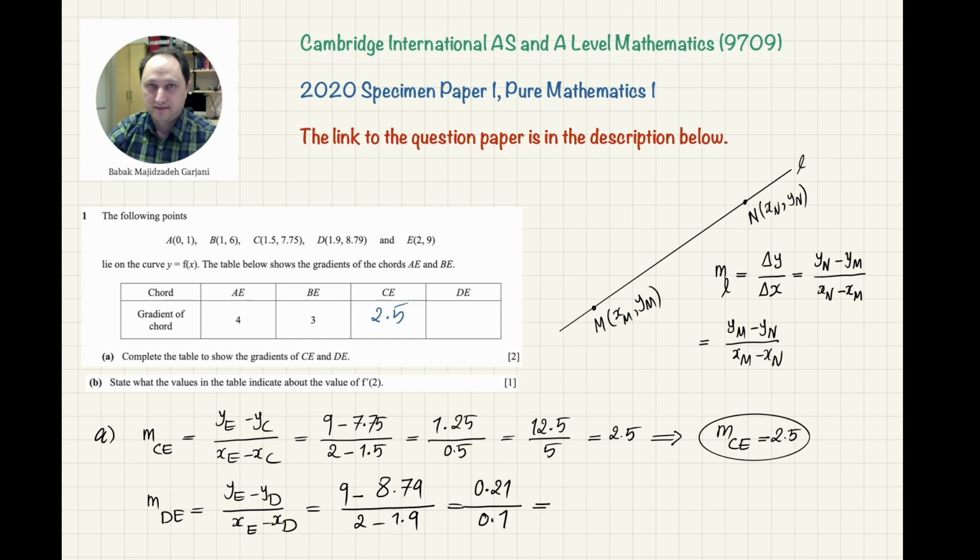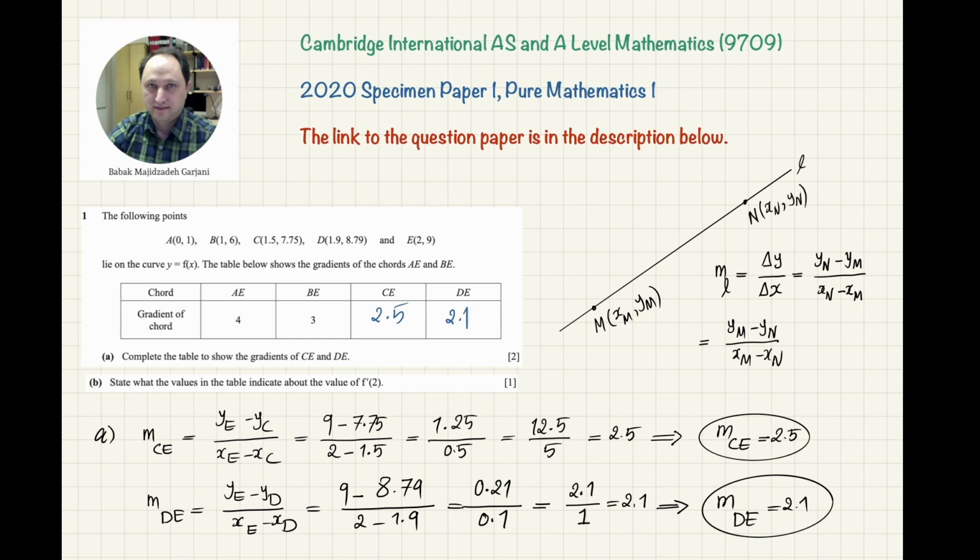And again, I rescale it by a factor of 10, so it becomes 2.1 in the numerator and simply 1 in the denominator, which gives me 2.1. So this means that we calculated the gradient of chord DE to be 2.1. And again, if you want, we can also write it here.